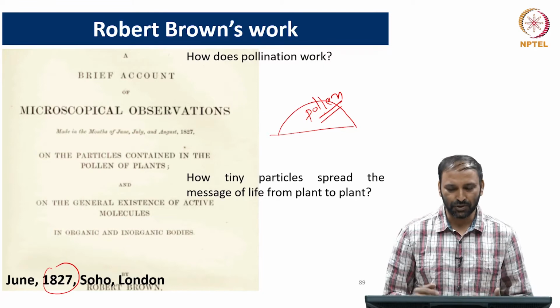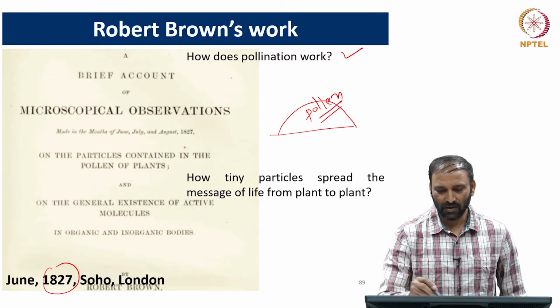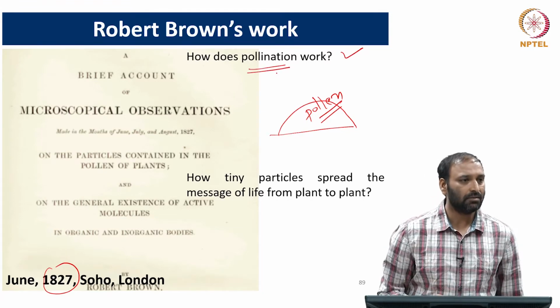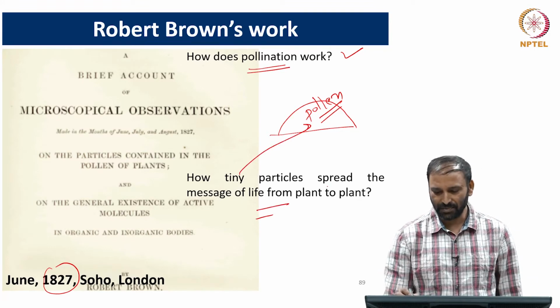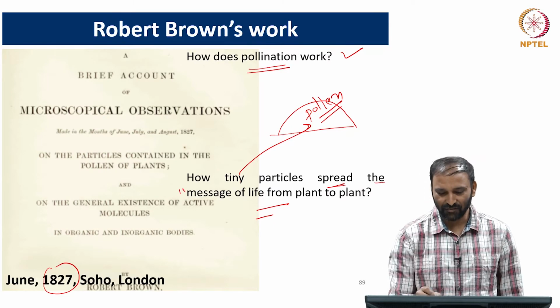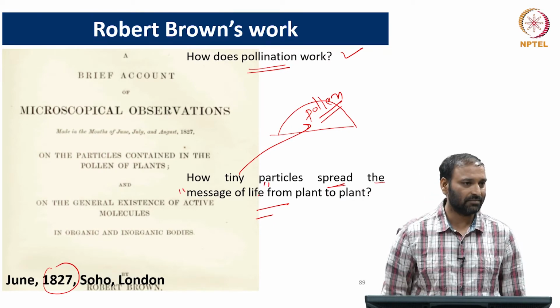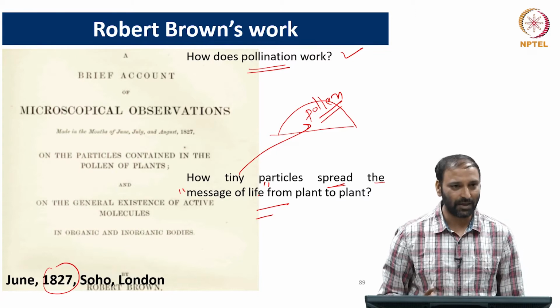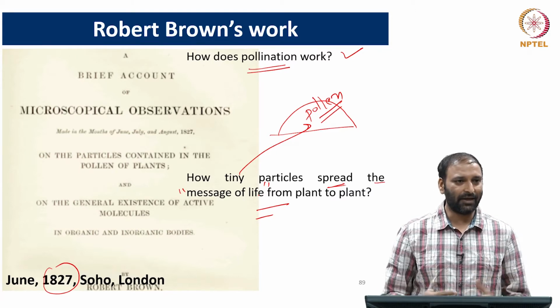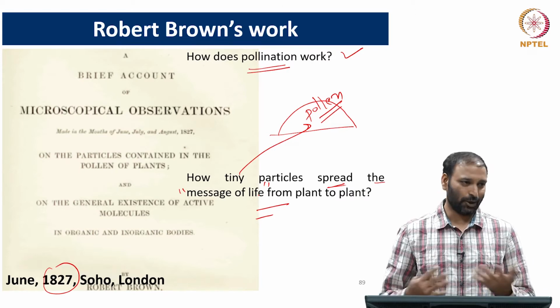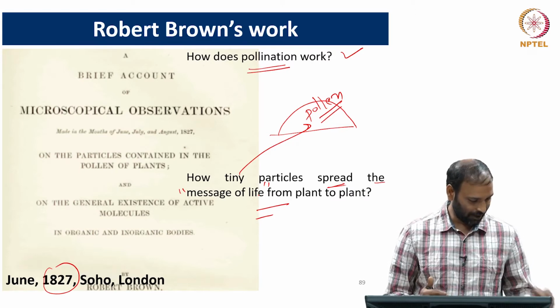His intention was to answer questions like this: how does pollination occur, or how do these tiny pollen particles spread the message of life from plant to plant? That was the kind of question that he was trying to ask. He did a lot of experiments, and ultimately he couldn't make a conclusion of what he was trying to do.